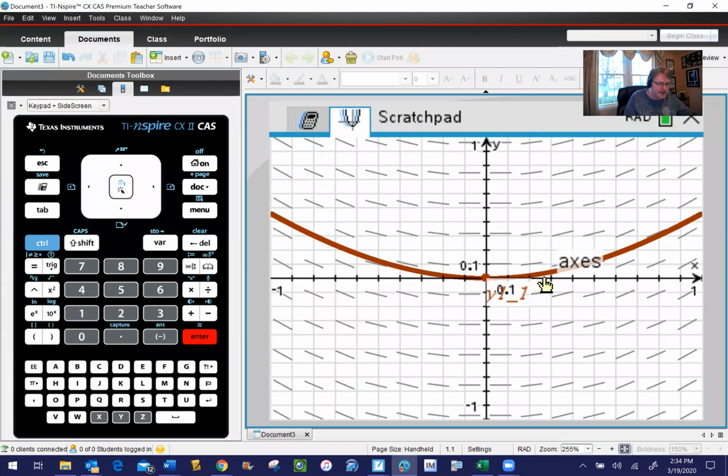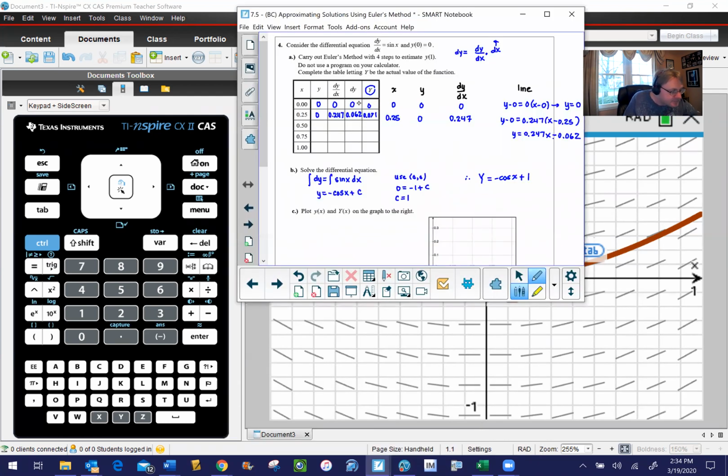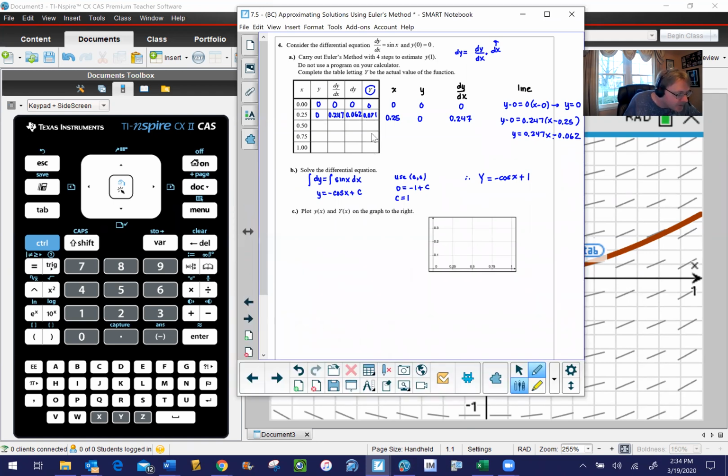At 0.25, which would be right about here, we seem to have an exact value of our solution curve. What did it say? Can you guys read that? 0.071, or 0.031? See, my eyes are so bad.